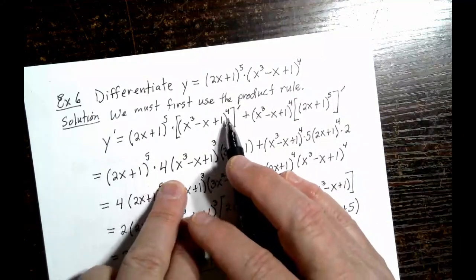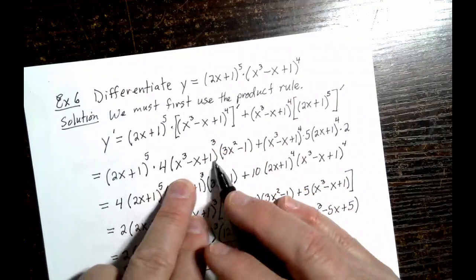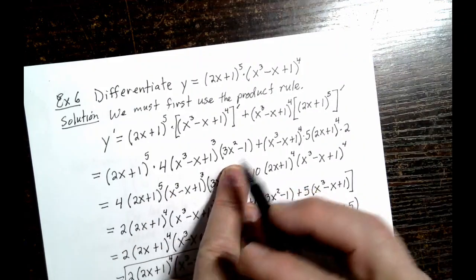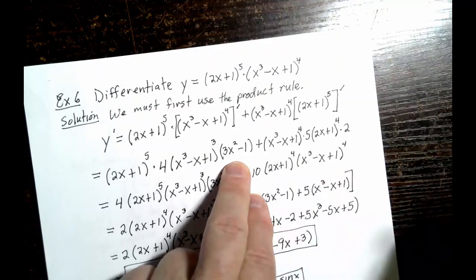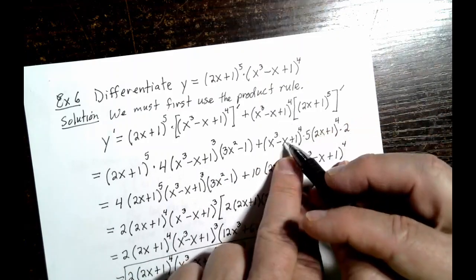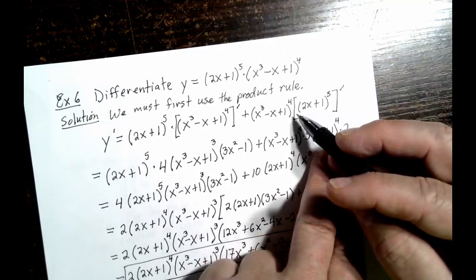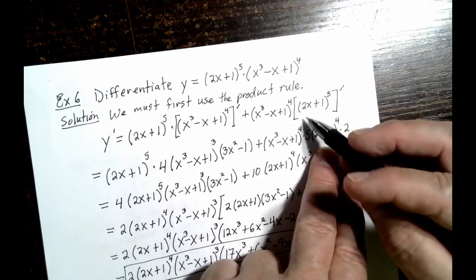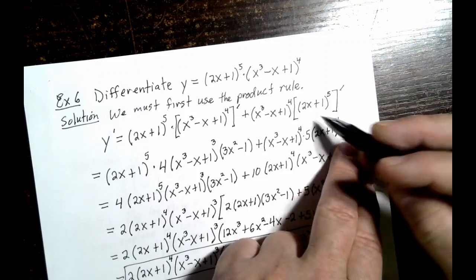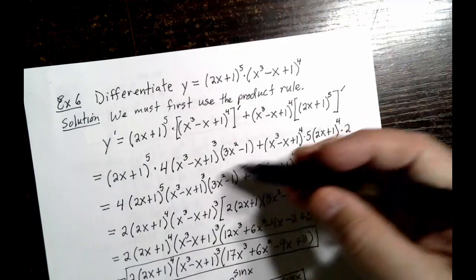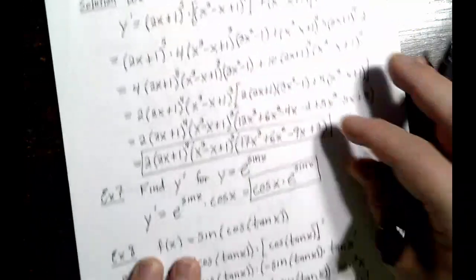Well, when you take the derivative of this guy, you bring the 4 out front, and you got this guy all to the third, but you still have to take the derivative of what's inside, which is 3x squared minus 1. Now you got this guy untouched. This guy, when you take the derivative, you bring the 5 out front, subtract 1 from the exponent, you leave the inside untouched, follow it by the derivative of what's inside, which is just 2. The rest of this is just simplifying.